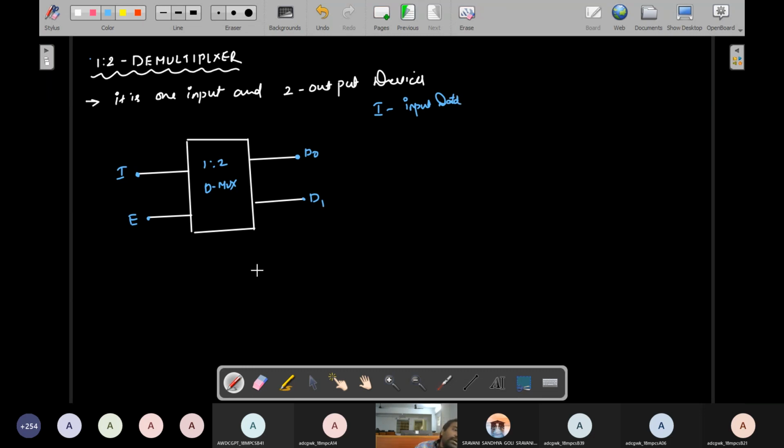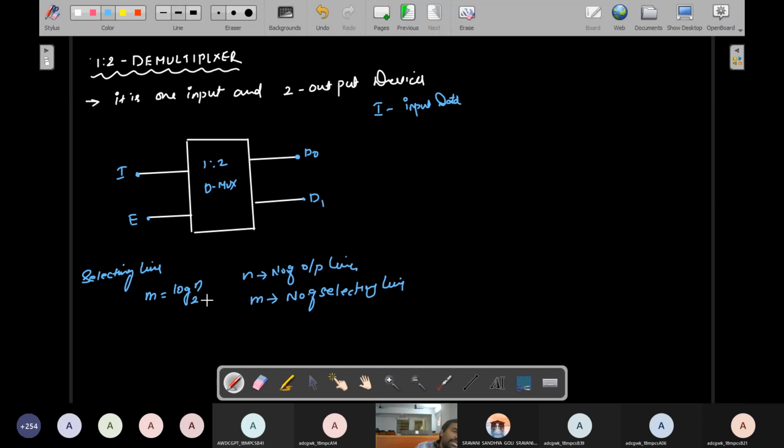Now I want to find the selecting lines. The formula for selecting lines is m equal to log of n with base 2, where n is the number of output lines and m is the number of selecting lines.